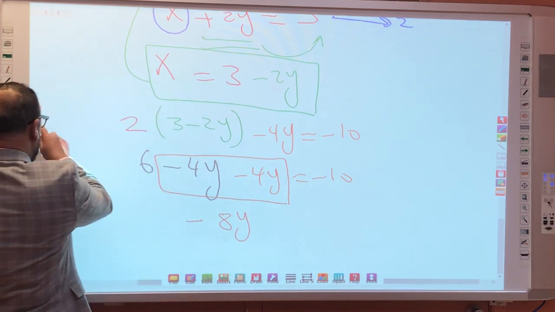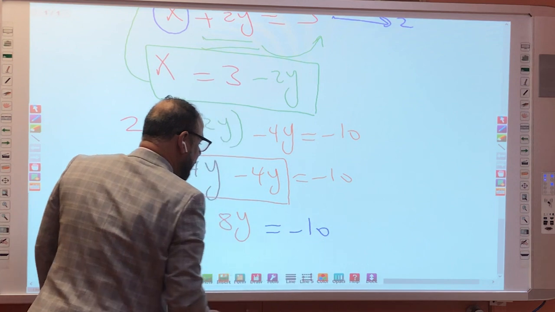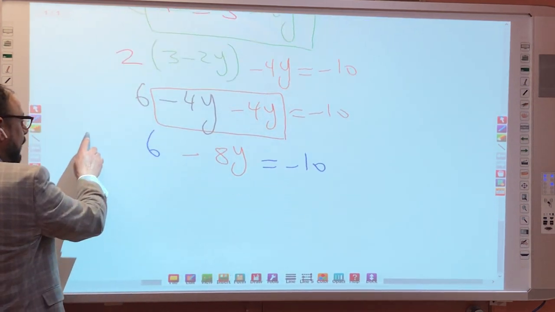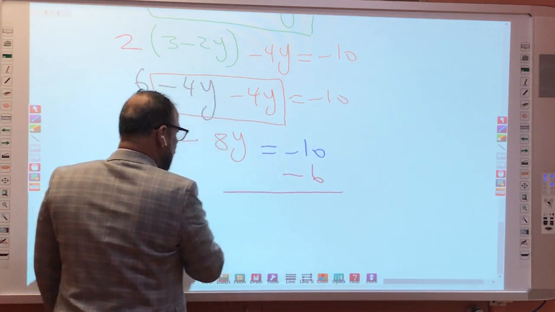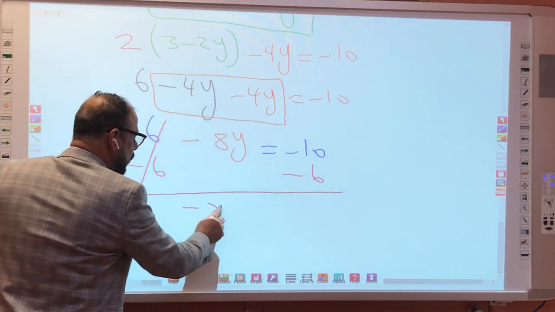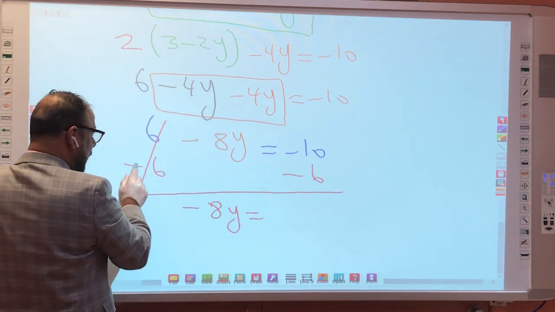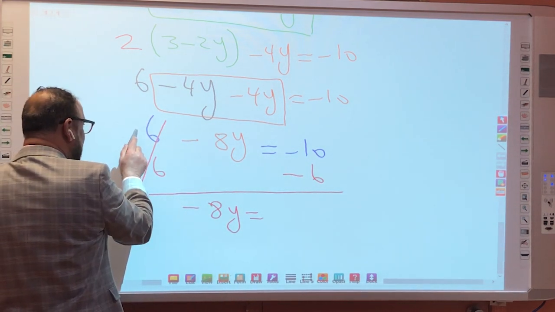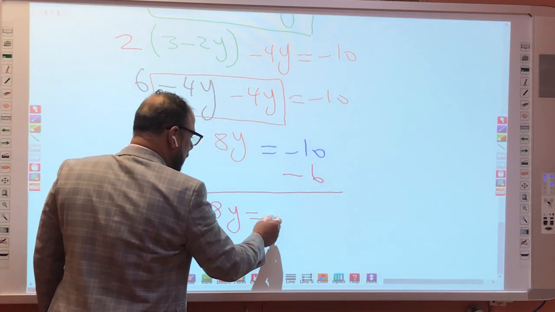Negative 8y, plus 6, equals negative 10. Minus 6 on both sides. Negative 8y equals negative 16. Why did I put negative? Because there was a positive sign, and when we have a positive sign we don't have to write it.